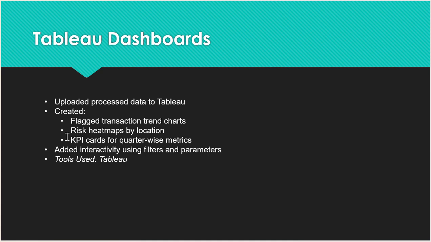Then create the dashboard showing the flagged transactions, heat map and KPI summaries. Enable the filters for quarter, location and risk tier, and include the screenshots and all these things. For this slide we will use a tool like Tableau to create the dashboards for these predictions. So let's move on to the next slide.